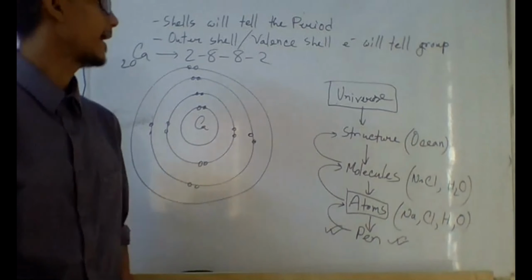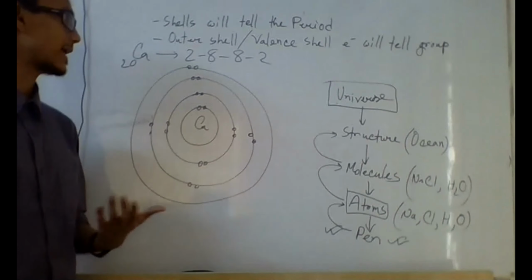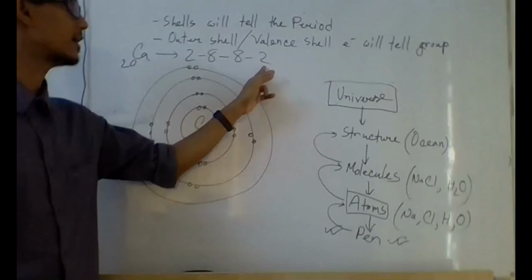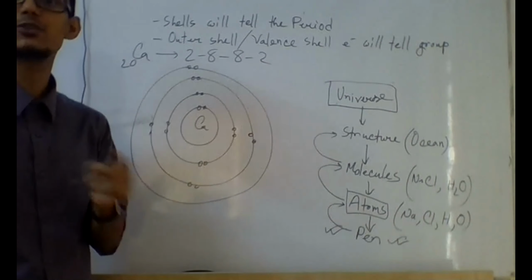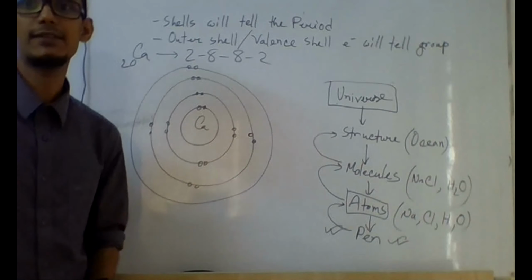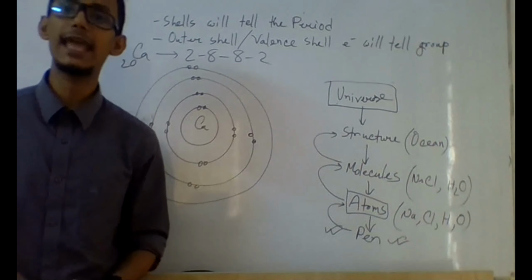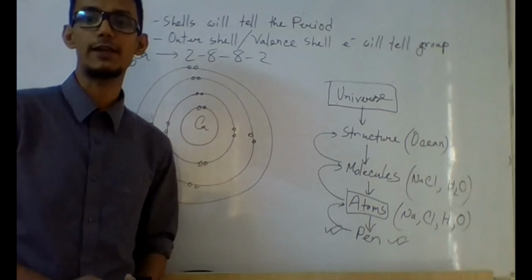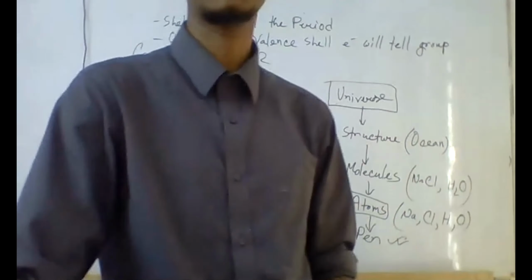And group number is the same thing. Say calcium, the outer shell electron is 2, means it is in group 2. But if the outer shell electron is 7, it will be in group 7. If it is 8, then it will be group 0. In general, it will be group 0, except for helium. Helium has 2 electrons in the outer shell.